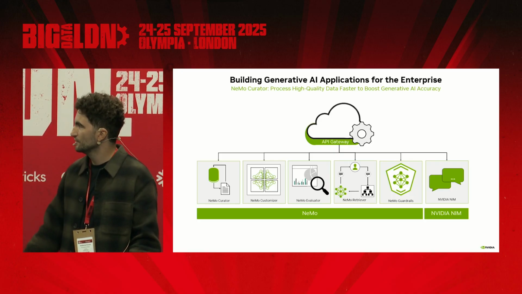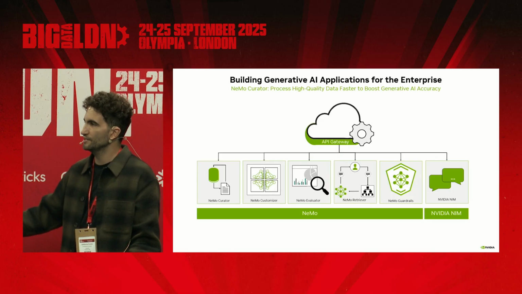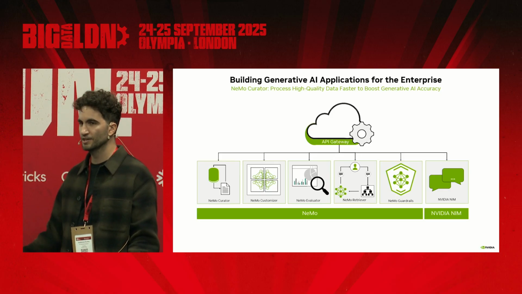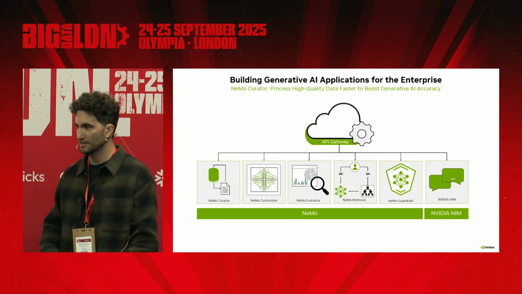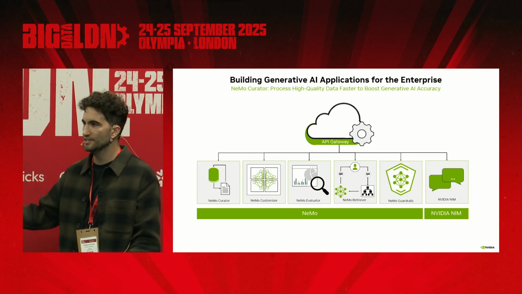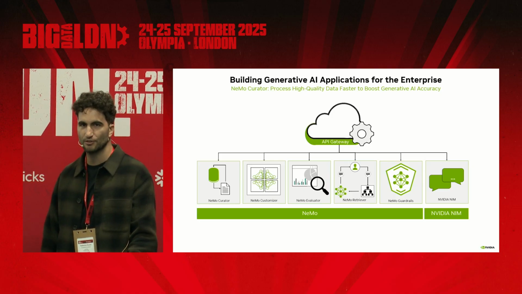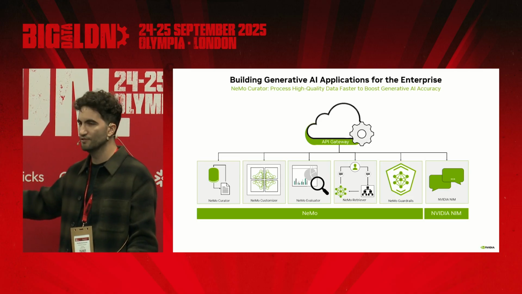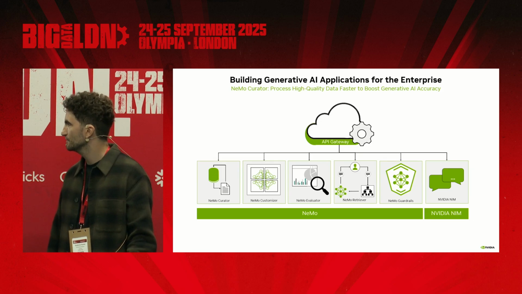If you're curious, we have NeMo Customizer, which focuses on things like model fine-tuning, so LoRA or reinforcement learning, etc. Evaluator, so microservices that you can integrate into your CI/CD pipelines to keep track of how your models are doing, A/B type tests, etc. Retriever, really focused on RAG type workflows.